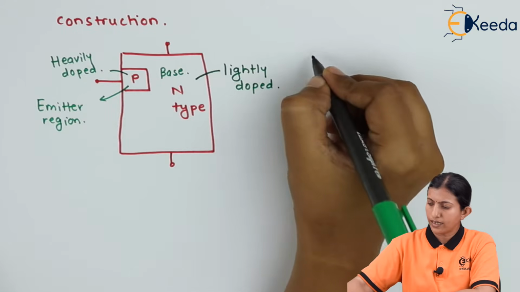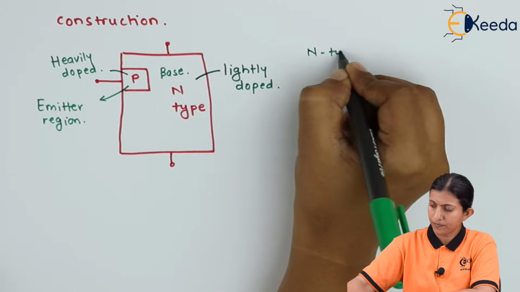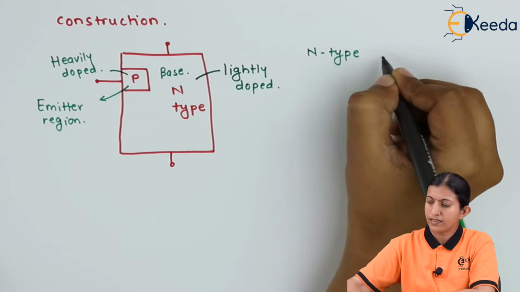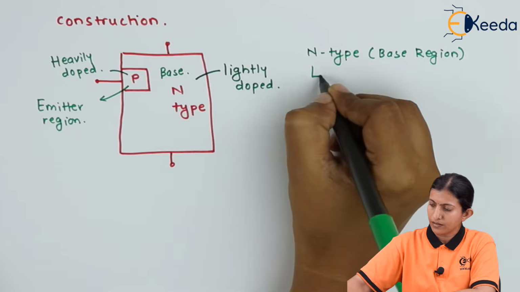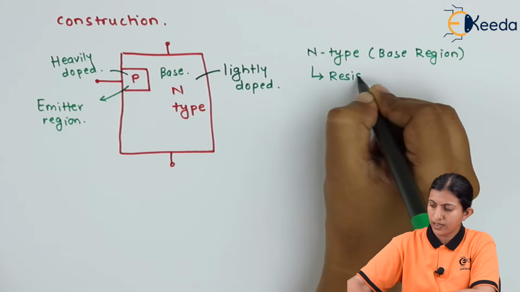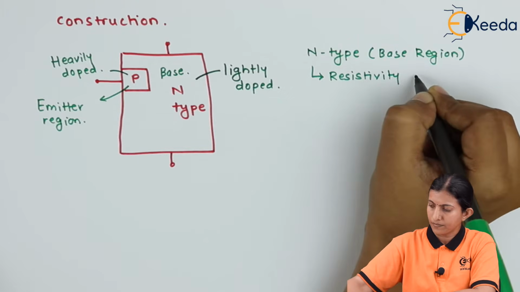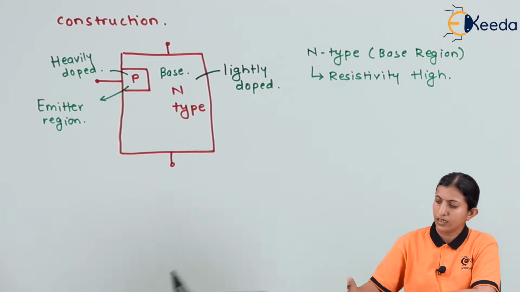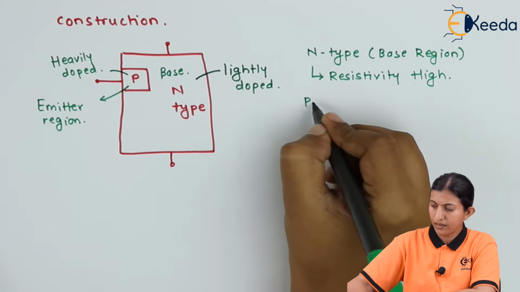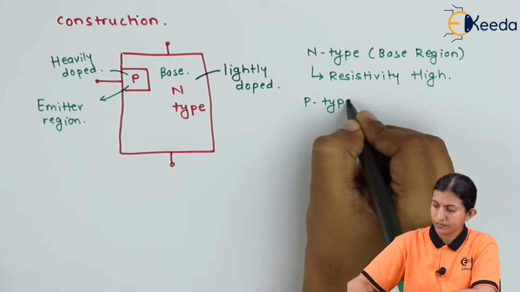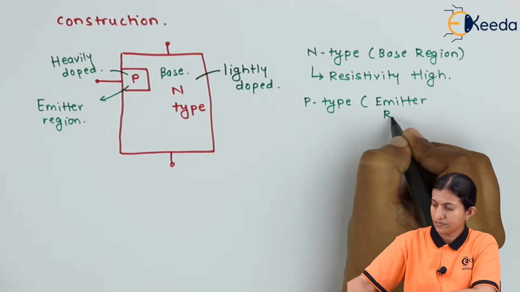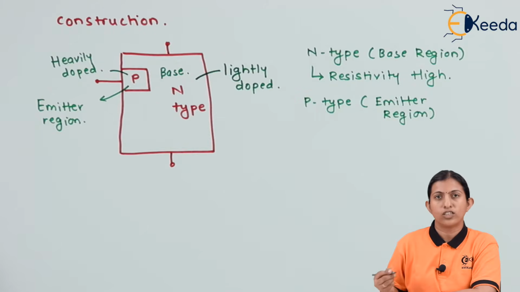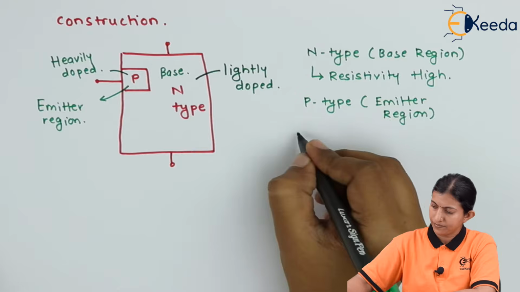So we can say that for N-type, that is the base region, the resistivity is very high. In P-type material, which is the emitter region, charge carriers are more, so the resistivity is less.